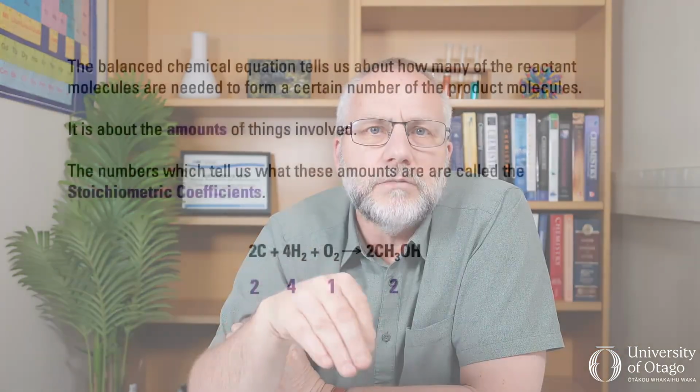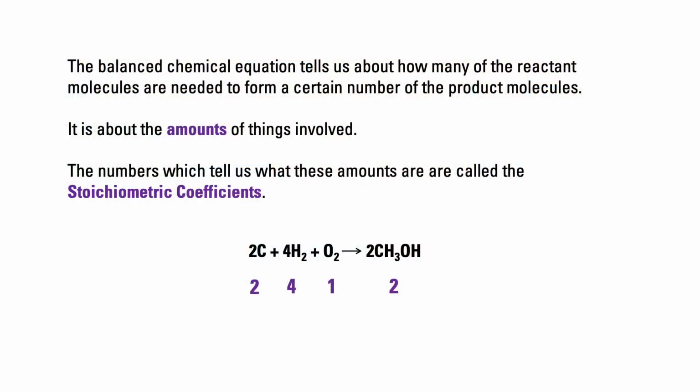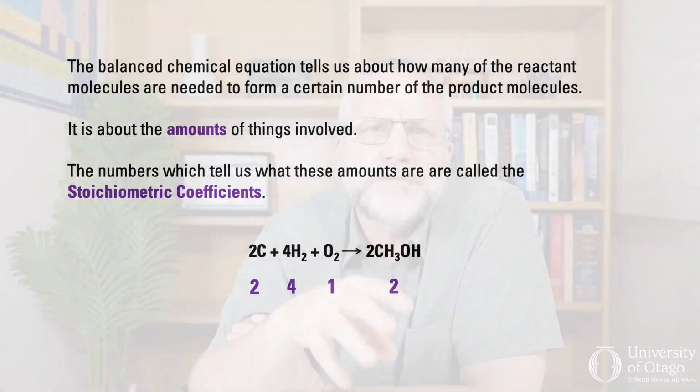Now these big numbers that we write in front of each of the reactants and products have a name. They're called stoichiometric coefficients, which is kind of a big name, but I tend to call them the big numbers out the front.